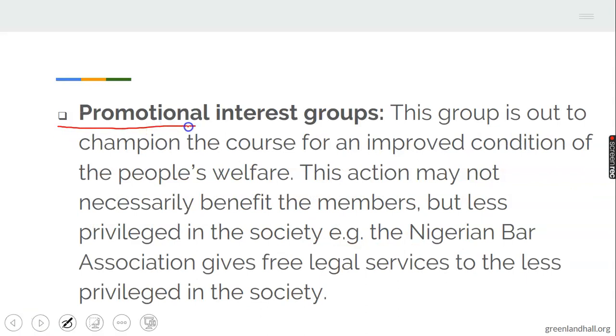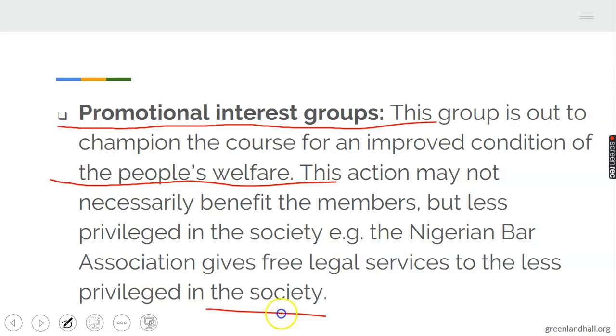Also, we have promotional interest group. This group is out to champion the cause for an improved condition of the people's welfare. This action may not necessarily benefit the members, but less privileged in the society, e.g. the Nigerian Bar Association gives free legal services to the less privileged in the society.